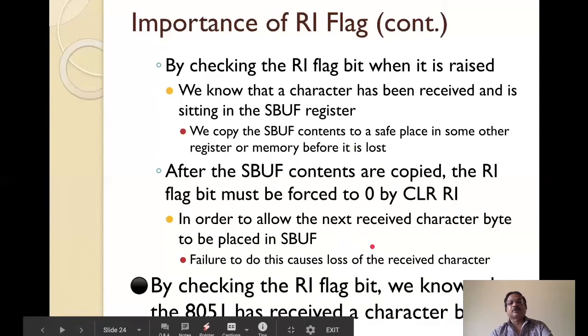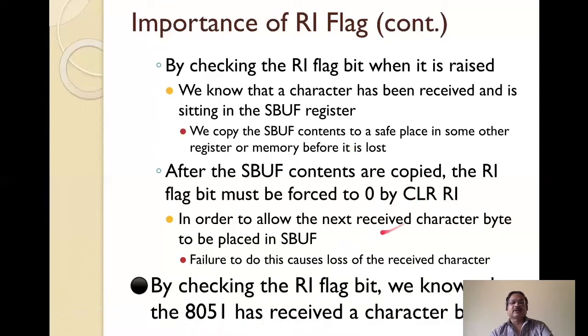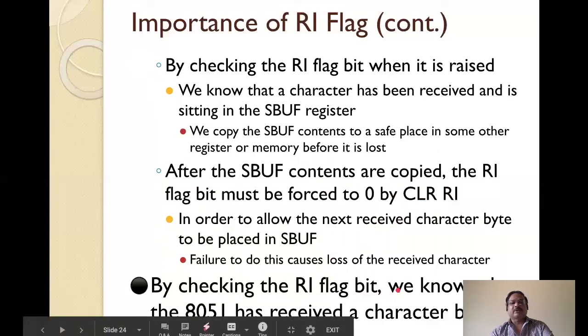So we have to carefully clear it before reading the next character on the RXD line through the SBUF register. That is how SBUF is used both for transmission as well as reception. By checking the RI flag bit, we know that the 8051 has received a character byte.